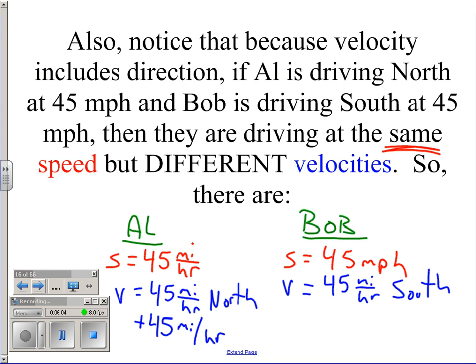And because of that word south, we're going to write it as negative 45 miles per hour. So you'll notice the speeds are the same. They're both 45 miles an hour. The velocities are different because Bob's is negative. Okay? So it's weird. Two objects can have the same speed but different velocities. Okay?